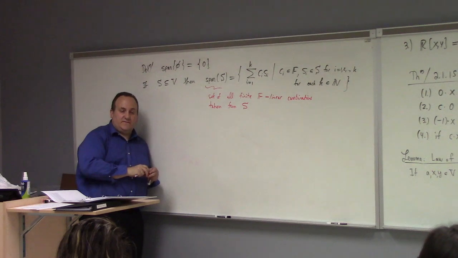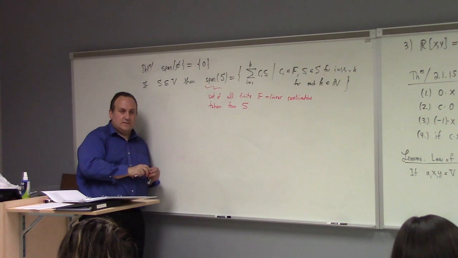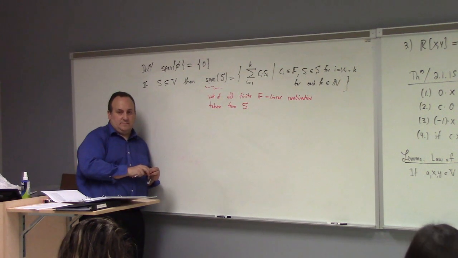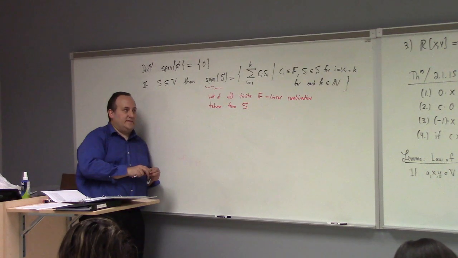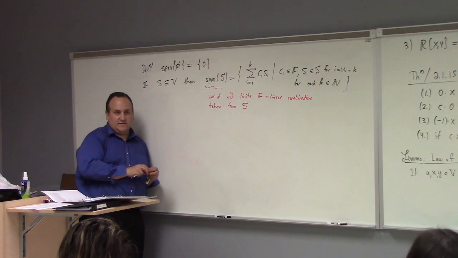I'm not saying that S is a finite set. Do you see that? S could be infinite. Nevertheless, the span is taken to be the set of finite linear combinations.